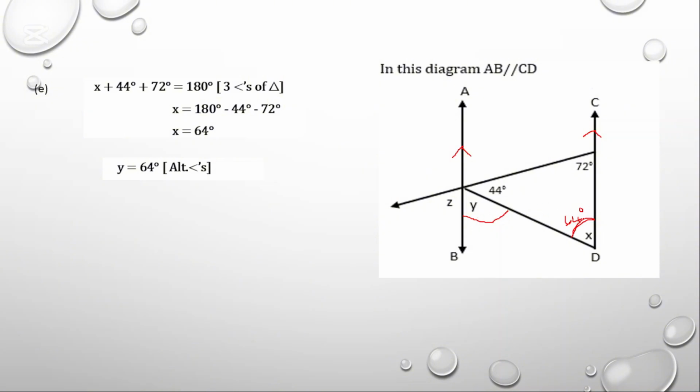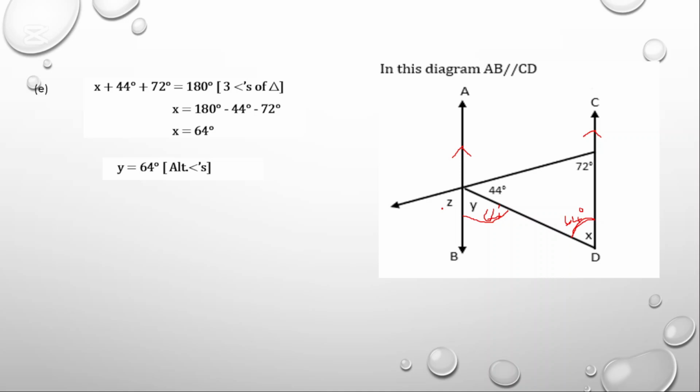The interior. So we write it down. Y is equal to 64. 64 degrees. Y alternate with X. So the next one, Z over here.